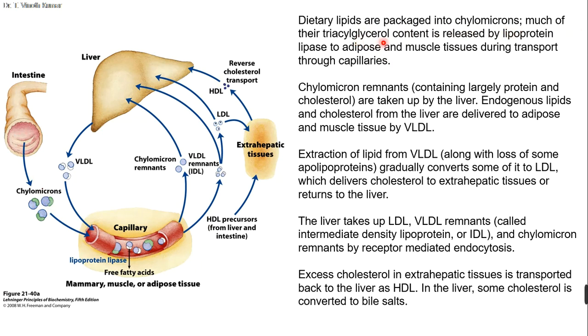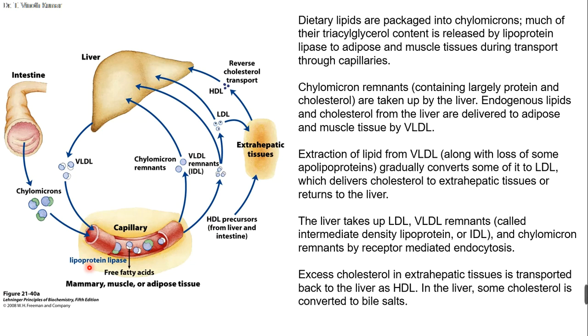Much of their triacylglycerol content is released by lipoprotein lipase to adipose tissue and muscle tissues during the transport through the capillaries. Within the blood circulation, in the capillary, you can see an enzyme, lipoprotein lipase, which will liberate free fatty acids from the chylomicrons.